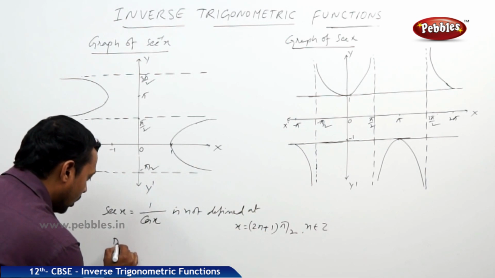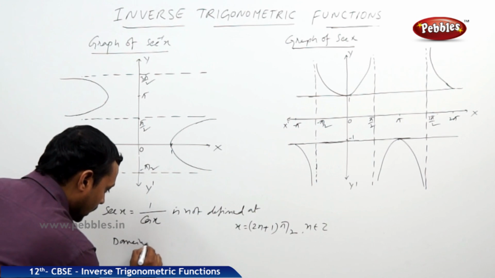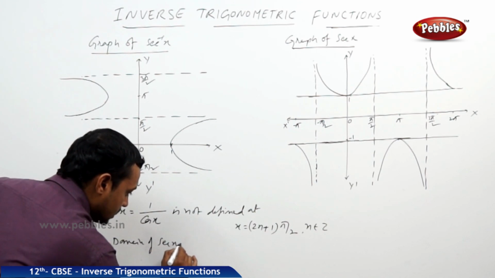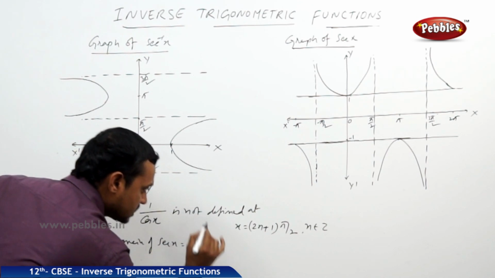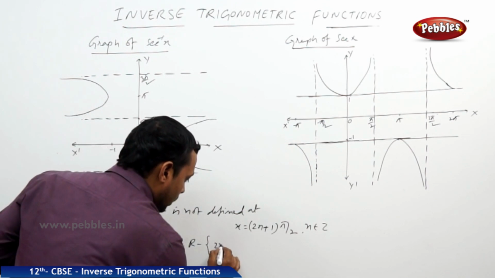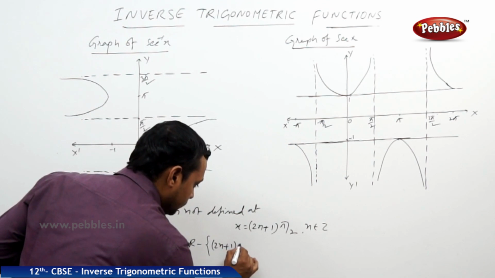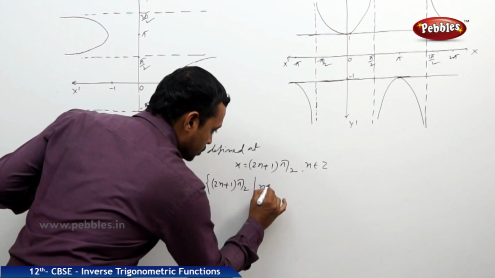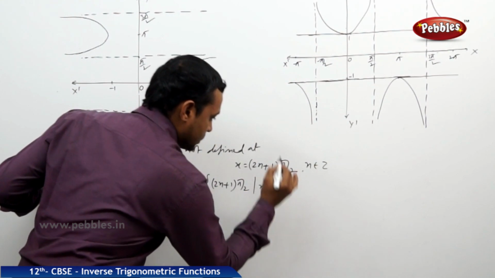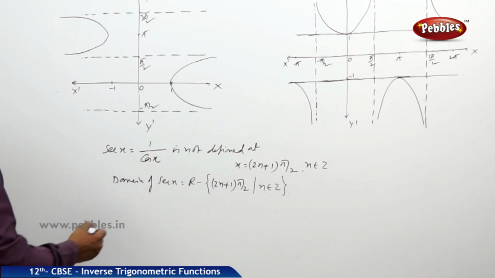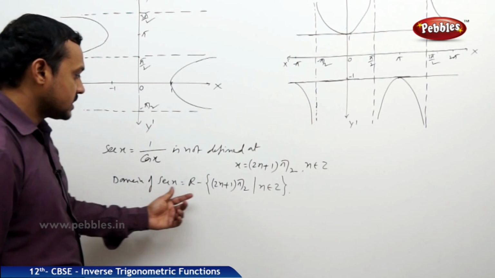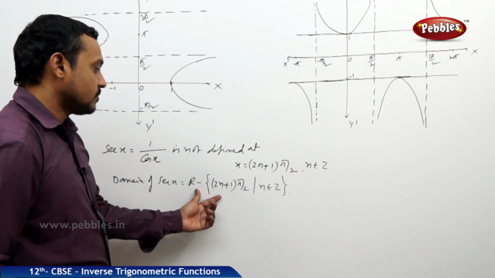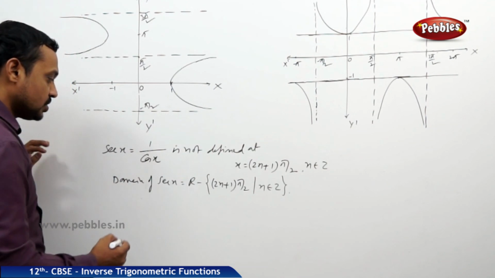Therefore, the domain of secant x is R minus {(2n plus 1) pi by 2 such that n belongs to Z, the set of integers}. But what about the range?